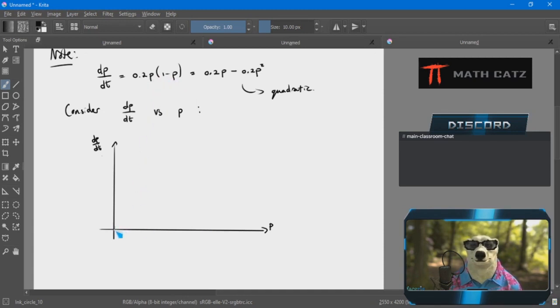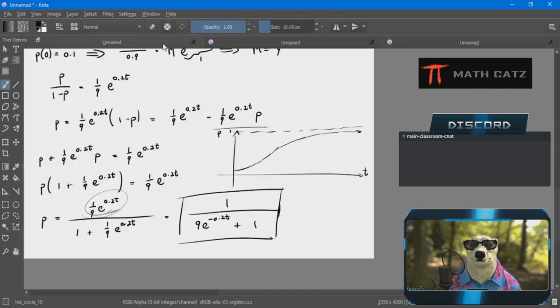So let me try and get a nice smooth-looking parabola over here. I have a little wobble there. This side is very tricky to draw without seeing my hand. There we go. That's good enough. 1 over there. So as p increases from 0 to 1, which is going to happen with time in the background passing, the growth rate is going to increase and then the growth rate is going to decrease.